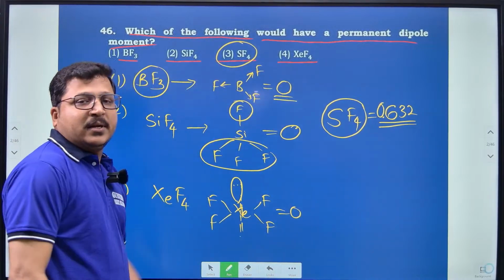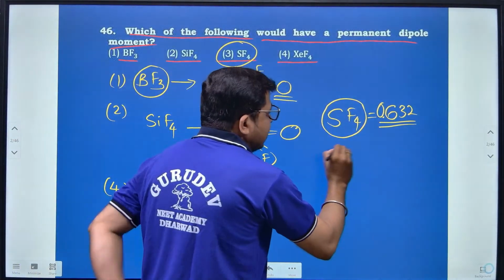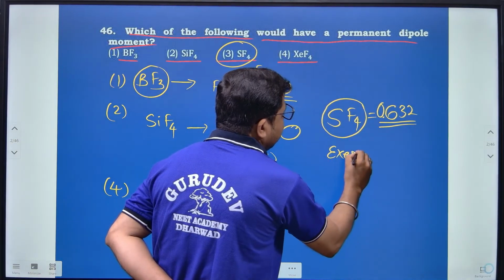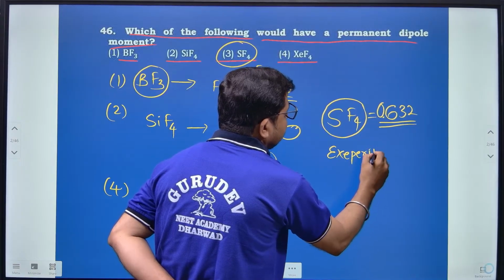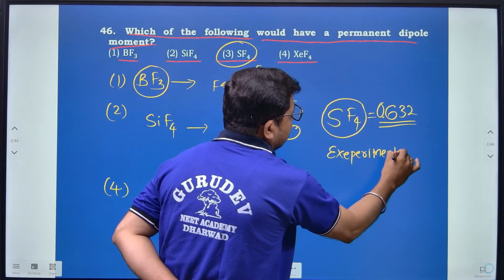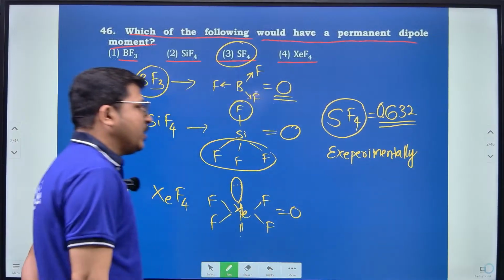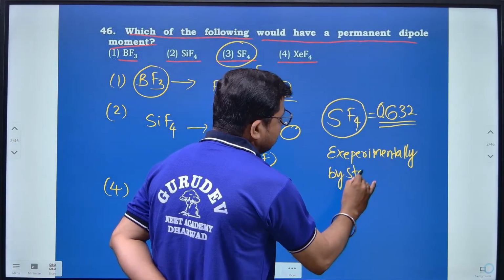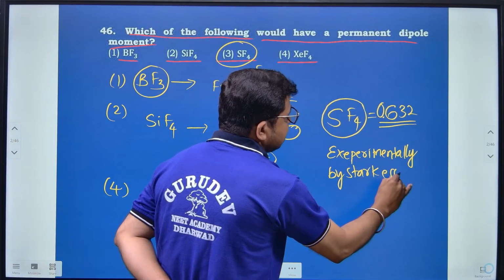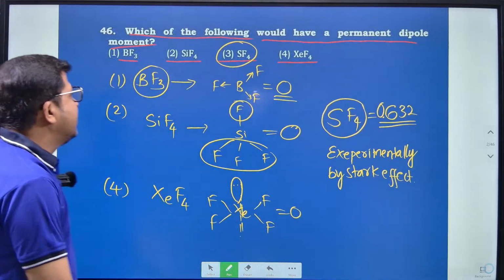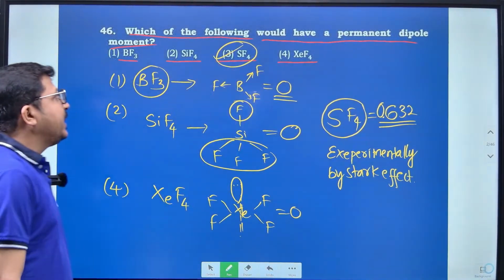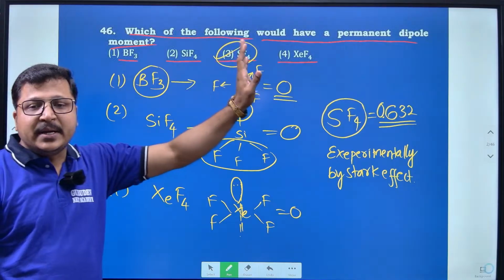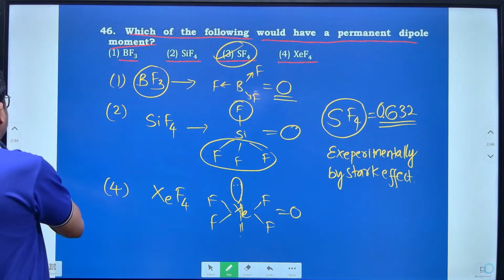How was it obtained? It was obtained experimentally by the Stark effect. Hence option number 3 is the only molecule which has a permanent dipole moment among those four.